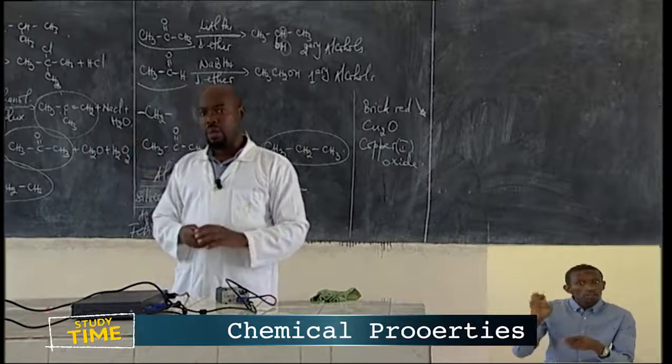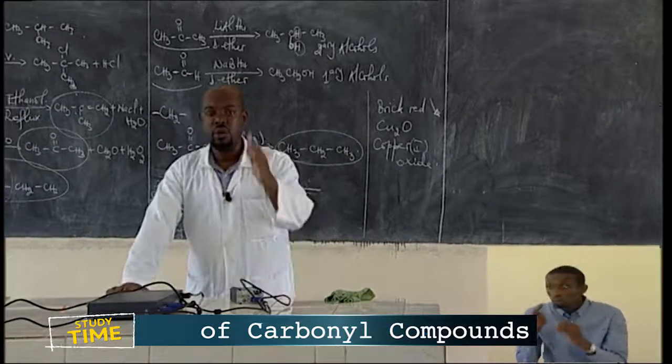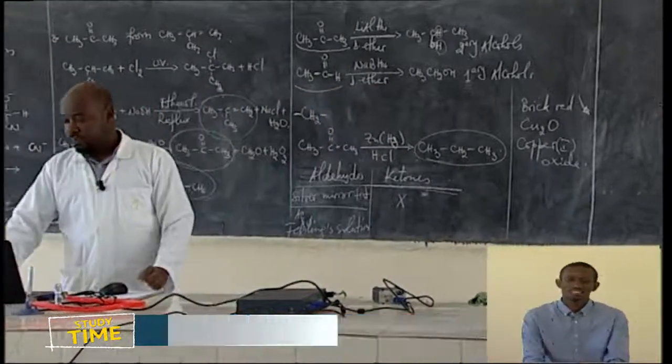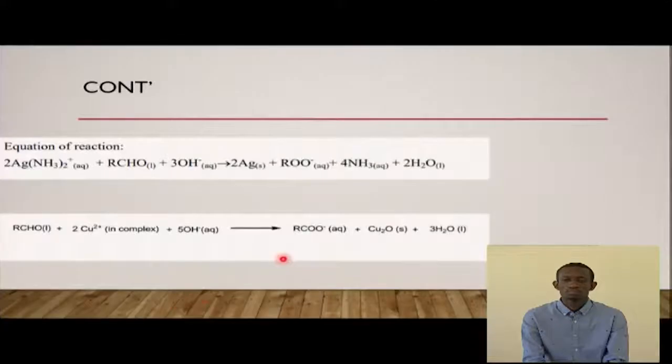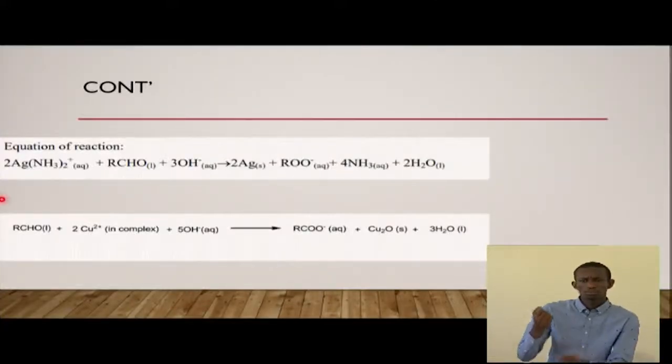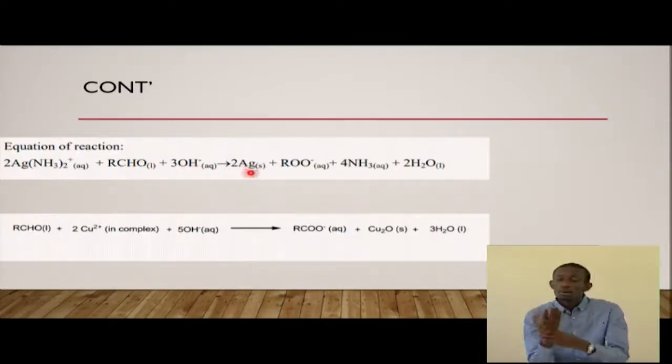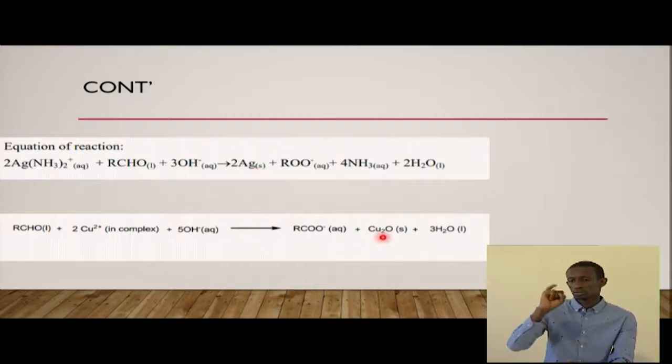We will come back to these reactions when we carry out the practicals. Here we have the equations for this oxidation. These are the complex ions we find in ammoniacal silver nitrate reacting with the aldehyde to produce a silver deposit. And here you can see the copper 1 oxide that is produced, the brick red precipitate.